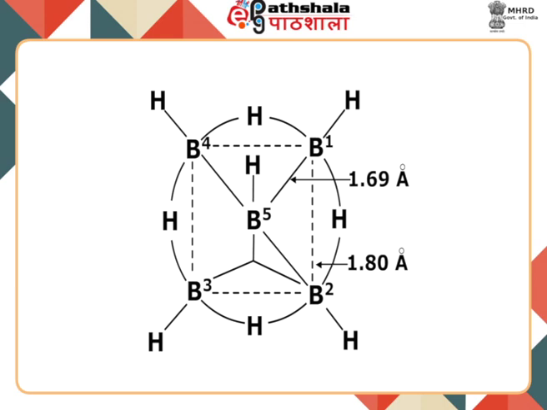Out of the 15 electrons of the 5 boron atoms, 4 electrons are used up in 4 BHB bonds, 2 electrons in 1 BBB triple bridge bond, 4 electrons in the 2 BB bonds, and the remaining 5 electrons are used up in the terminal BH bonds.